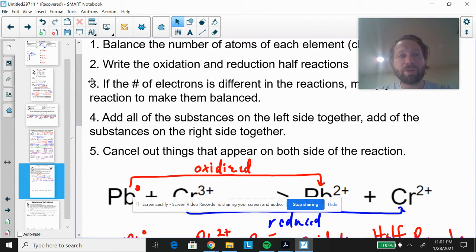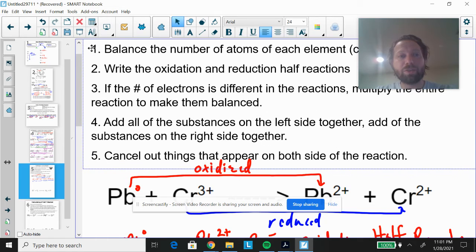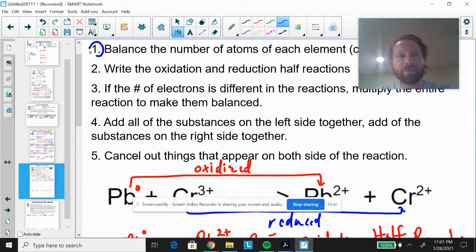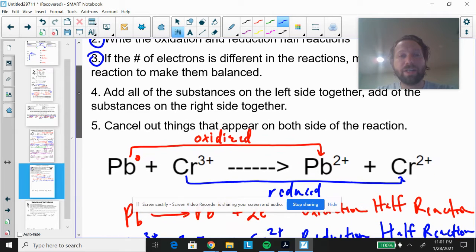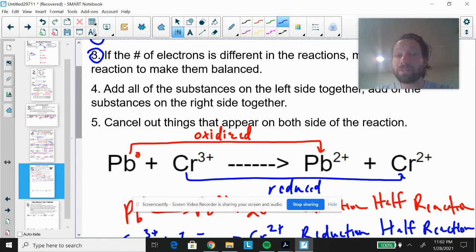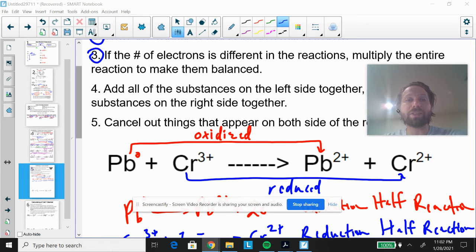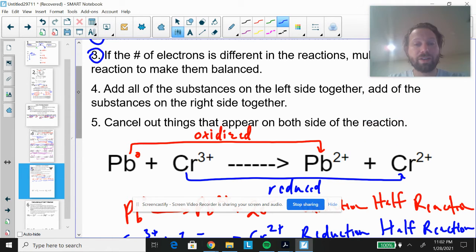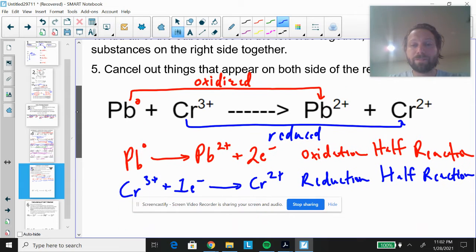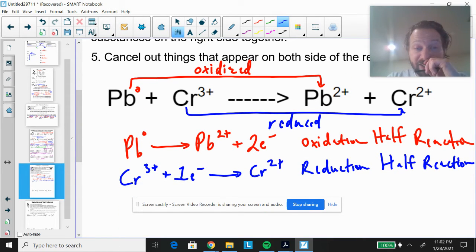The next step is checking the electrons. If the number of electrons are different in the reaction, then multiply the entire reaction to make them balanced. And so let's take a look here. These are the 2 reactions.